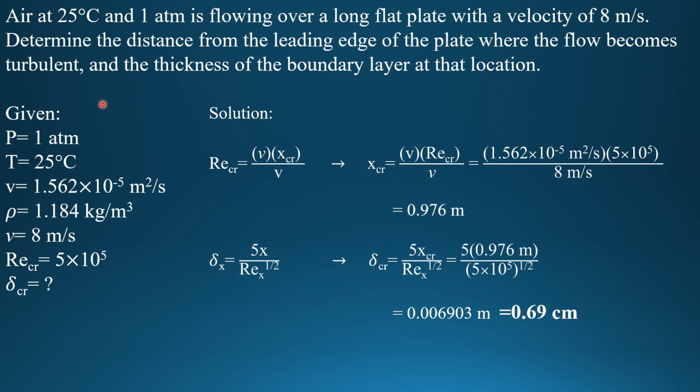First, we'll be identifying our givens. We have here the pressure at 1 atmospheric pressure, the temperature at 25 degrees Celsius, the kinematic viscosity that is equal to 1.562 times 10 raised to negative 5 square meter per second, its density that is equal to 1.184 kilogram per cubic meter, the velocity 8 meters per second, and the Reynolds number at critical point that is equal to 5 times 10 raised to 5.